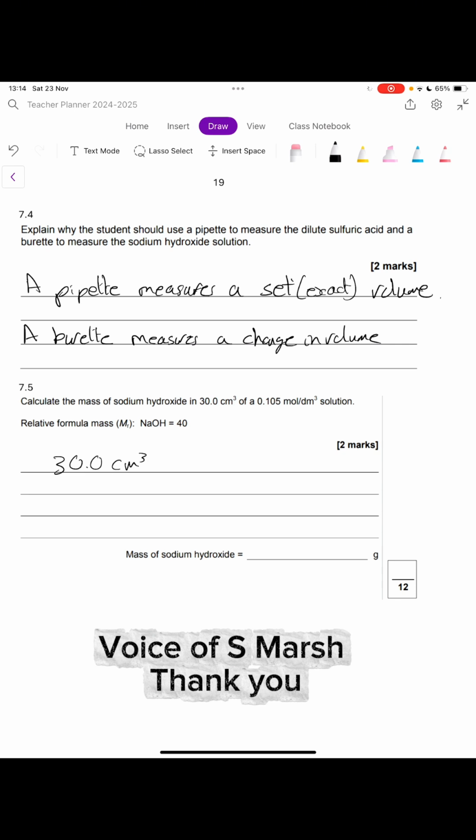We need to convert that into decimetres cubed. So we take 30 divided by 1000, and that's going to give us 0.03 decimetres cubed.